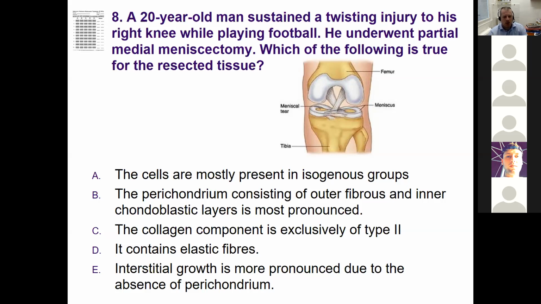So try not to use the hints on the next slides, but rather try to really work through the question. If I were in your position and completely lost, I would just Google something like meniscus and histology. In a few seconds, I know what type of tissue can be found there. And if I know that, it's a great help to pick the single best answer here.